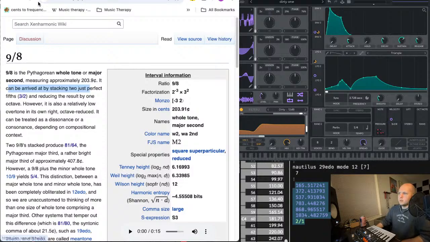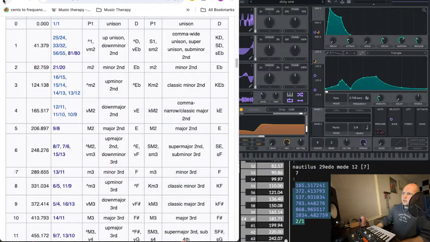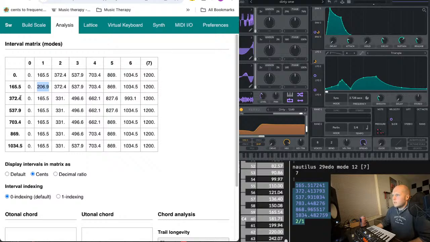So 2 perfect fifths. So this interval we get from stacking 2 of our nearly just fifths. We still call this perfect fifth. So yeah, we have a slightly sharp fifth, and hence a slightly sharp ninth.